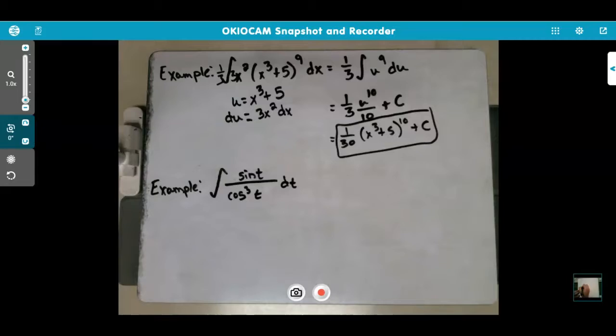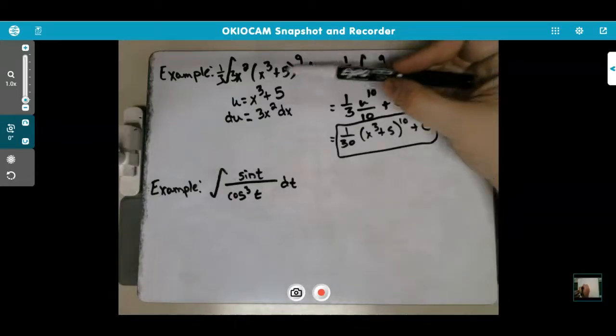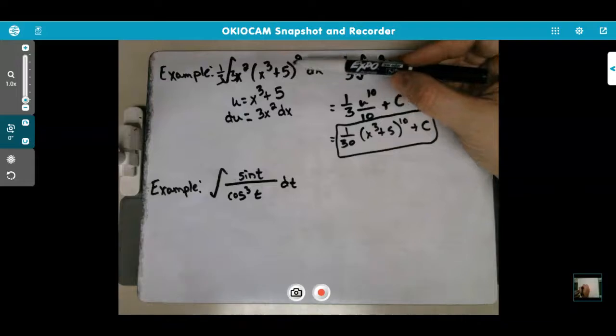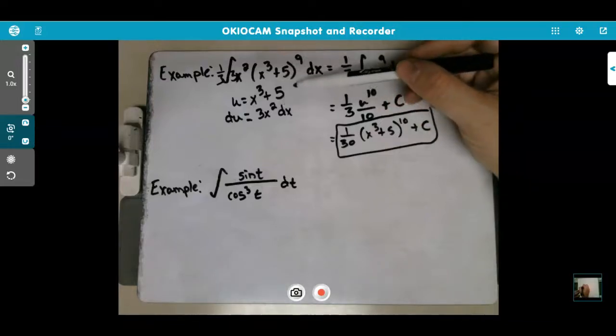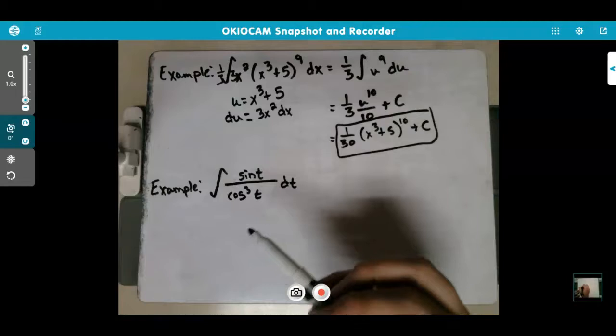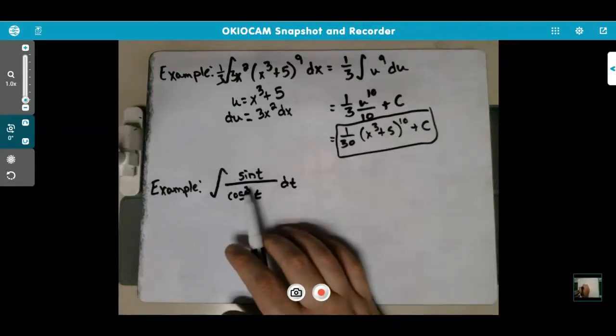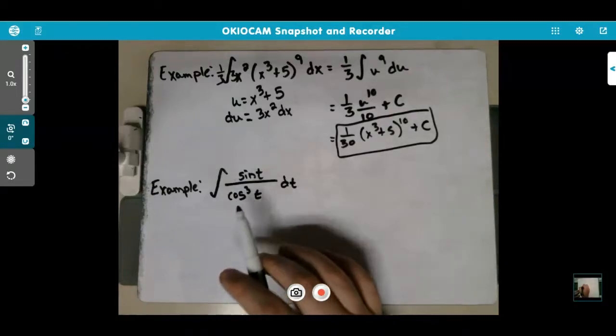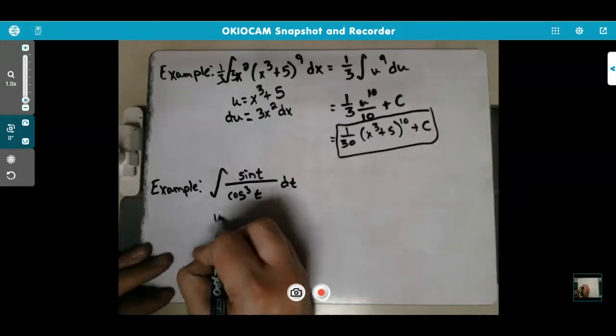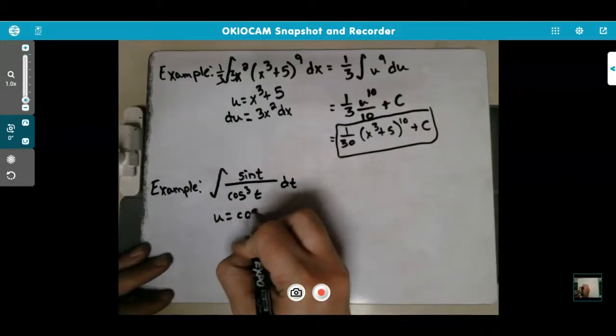So again, we need to try to rewrite this as much as I can. So just like on the last one, how I had stuff raised to the 9th, and so then I let that be my u, I'm going to do the same thing here. Here I have cosine raised to the 3rd. So since cosine is being raised to the 3rd, let's try letting that be equal to the u.